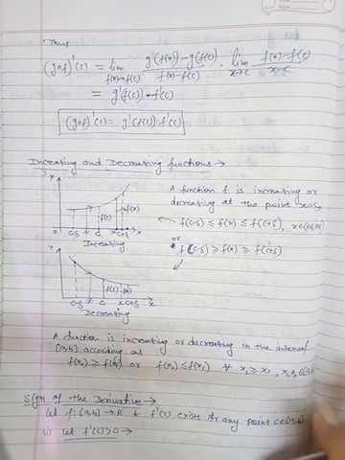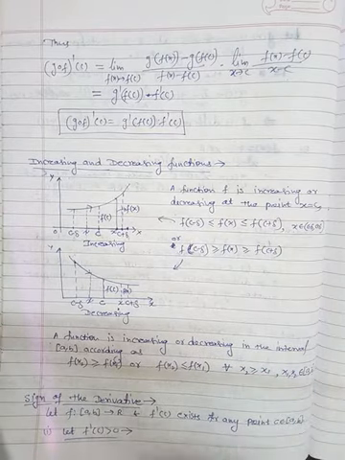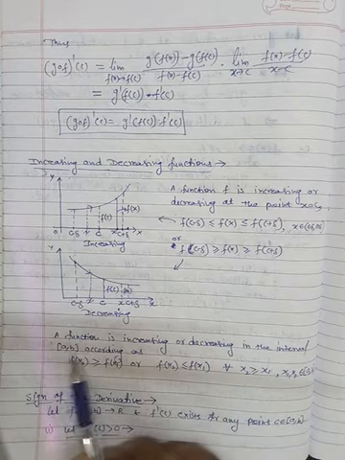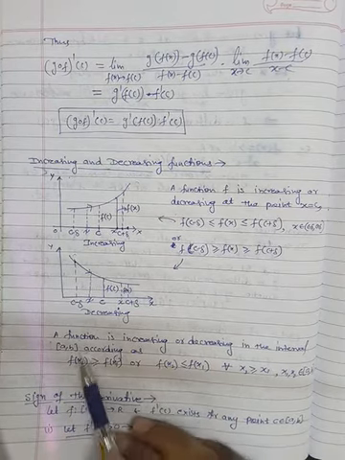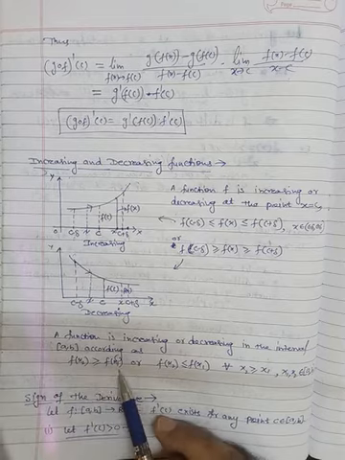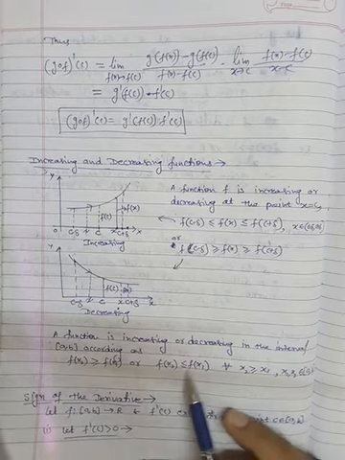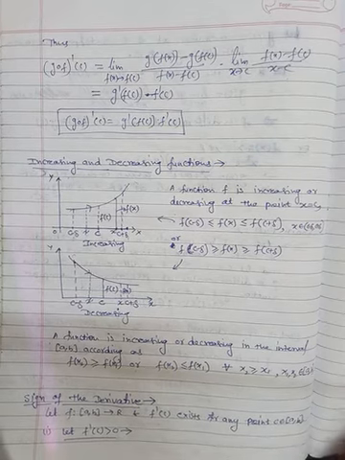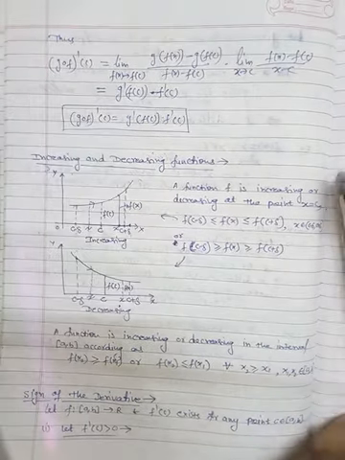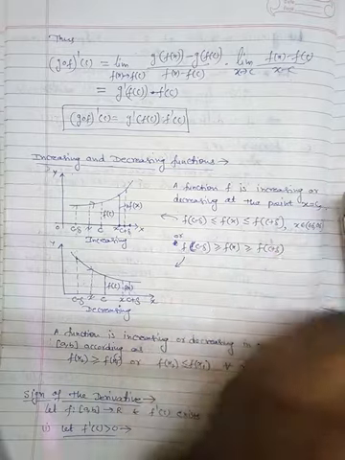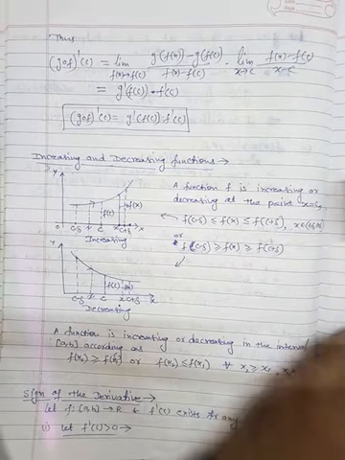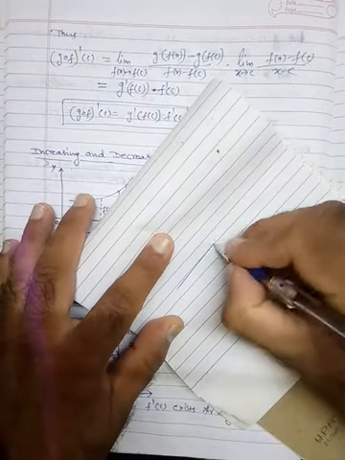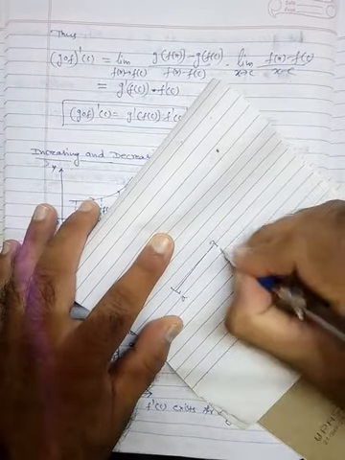But if we want to look at the whole domain, अगर पूरे डोमेन में देखना है तब a function is increasing or decreasing in the interval a b according as f of x2 is greater than equal to f of x1, or f of x2 is less than equal to f of x1, for all x2 greater than equal to x1. That means this is the domain a to b.